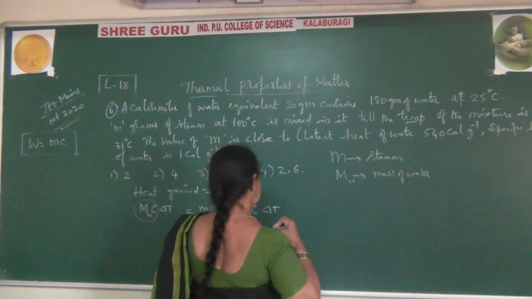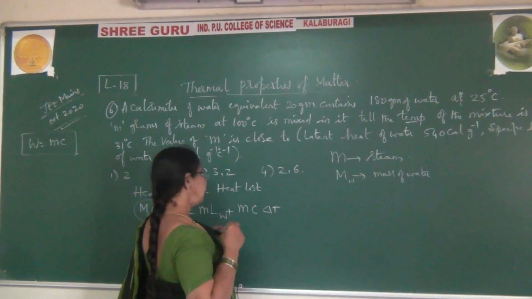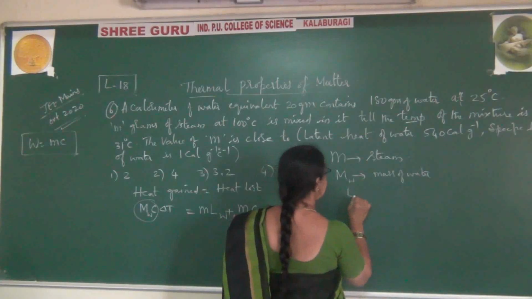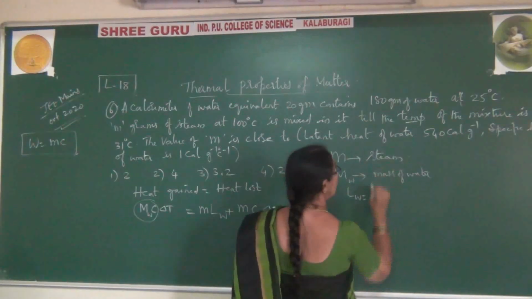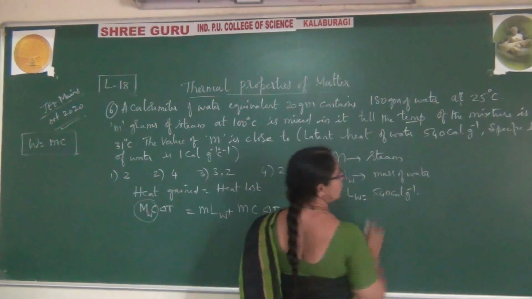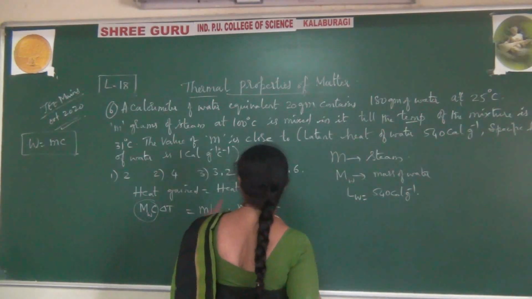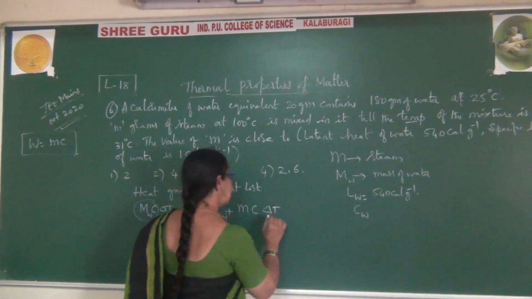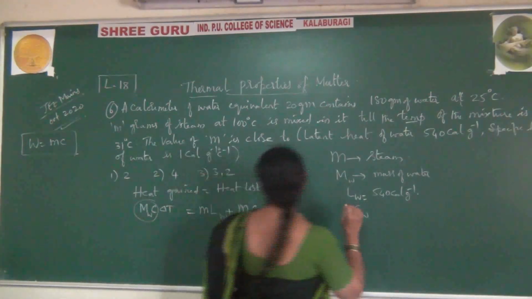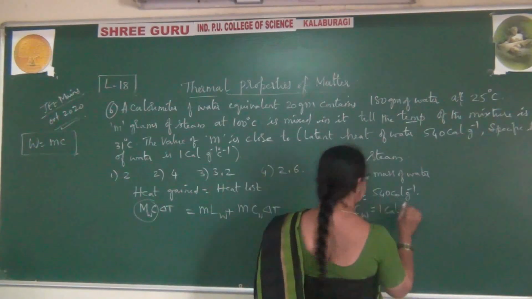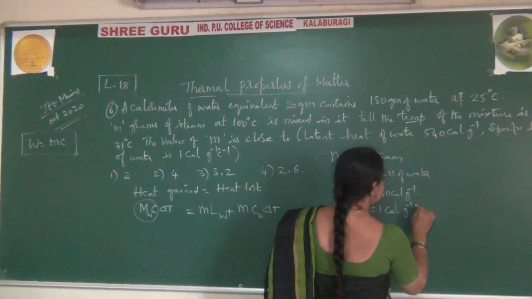Okay, next. LW, you already know, is the latent heat of water, which is equal to 540 calorie per gram. Next, what is the specific heat of water? Specific heat of water is CW, which is equal to 1 calorie per gram per degree centigrade.